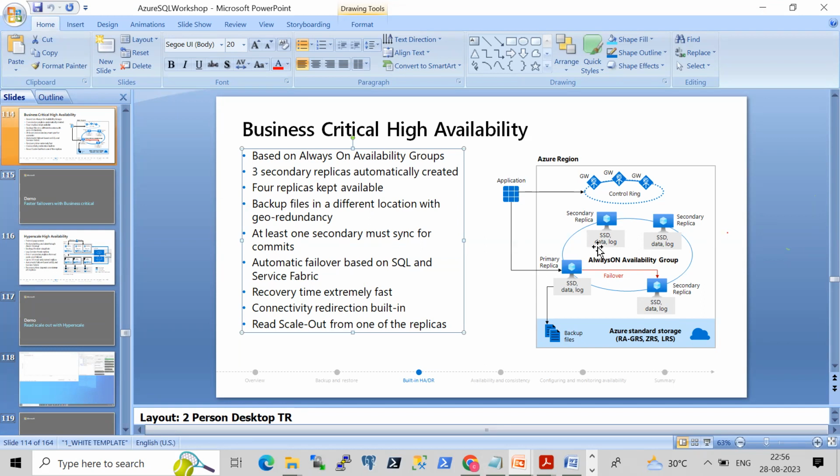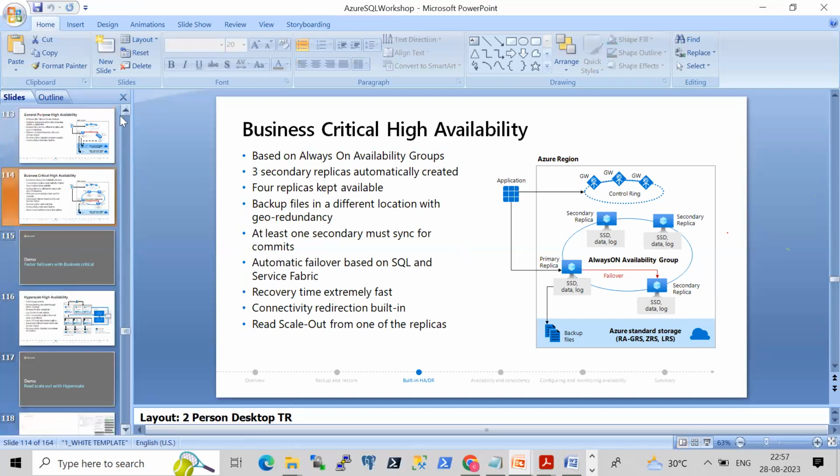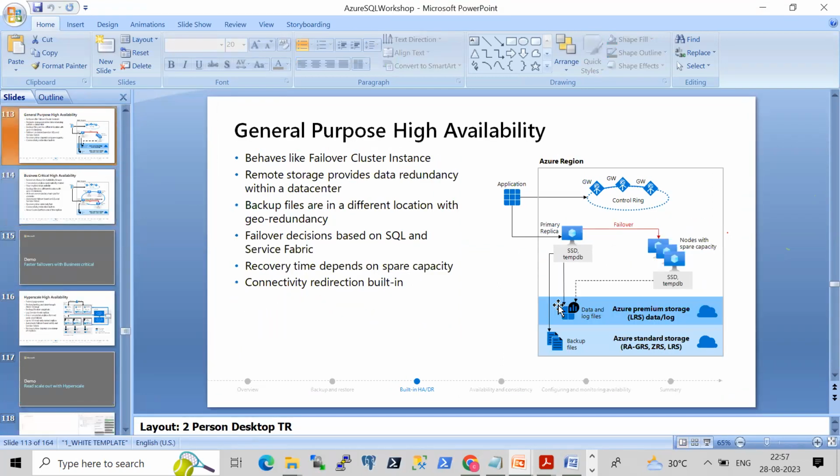And the local storage, I didn't talk about storage here. If you see, every server has the data and log file along with it. This primary replica has data and log file, and this secondary replica has data and log file along with it, unlike general purpose where my storage is placed remotely. This is what you should understand, guys. Just 2 points. When I asked this question, someone said general purpose is similar to FCI, and business critical is similar to Always On availability groups.